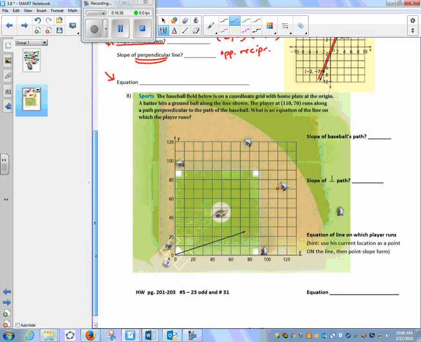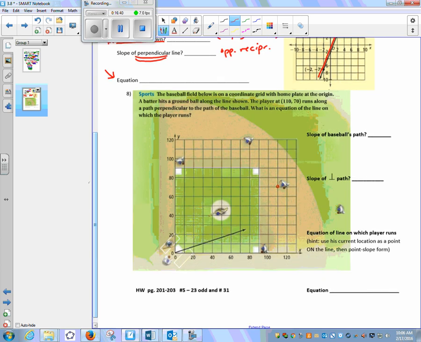All right, and number 8, the baseball field below is on a coordinate grid with home plate at the origin. A batter hits a ground ball along the line shown. The player at 110, 70, this guy right here, runs along a path perpendicular to the path of the baseball. What is the equation of the line on which the player runs? So, in other words, here's the path of the baseball.